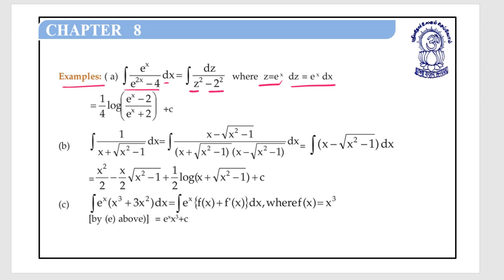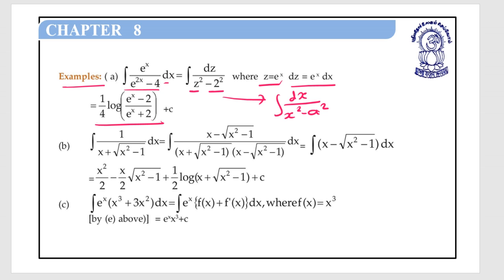This is the formula of integration of dx upon x square minus a square, the solution is 1 upon 2a log x minus a upon x plus a plus c. So 1 by 4 log e raised to x minus 2 upon e raised to x plus 2 plus c.